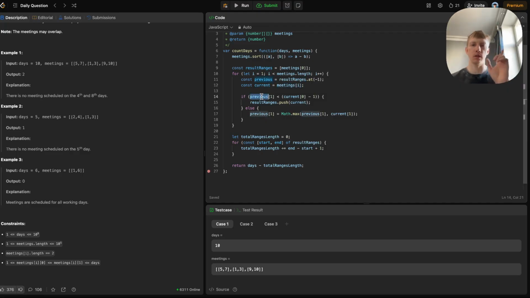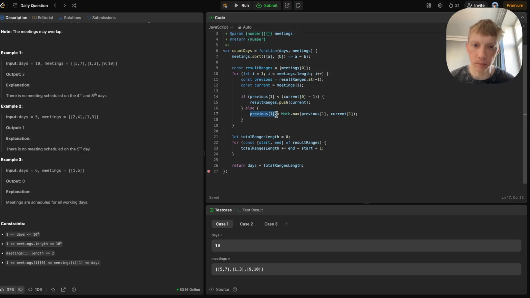If previous end would be less than current start minus 1, then we will push new range.